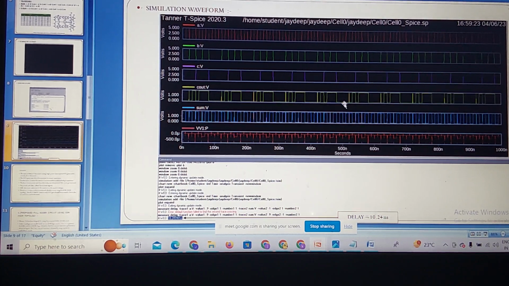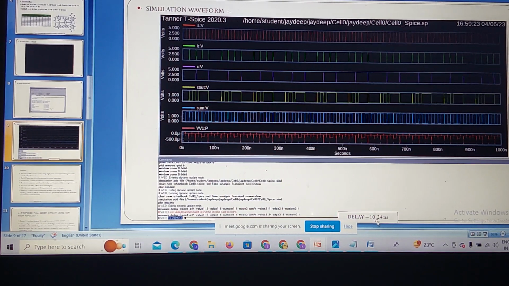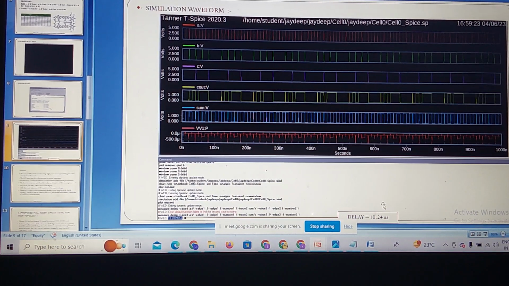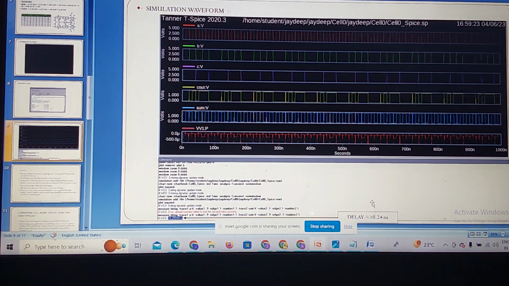That is the conventional full adder waveform diagram. You can see the delay is 10.24 nanoseconds. The delay is somewhat more, but later you will see that the delay is less in the proposed full adder.